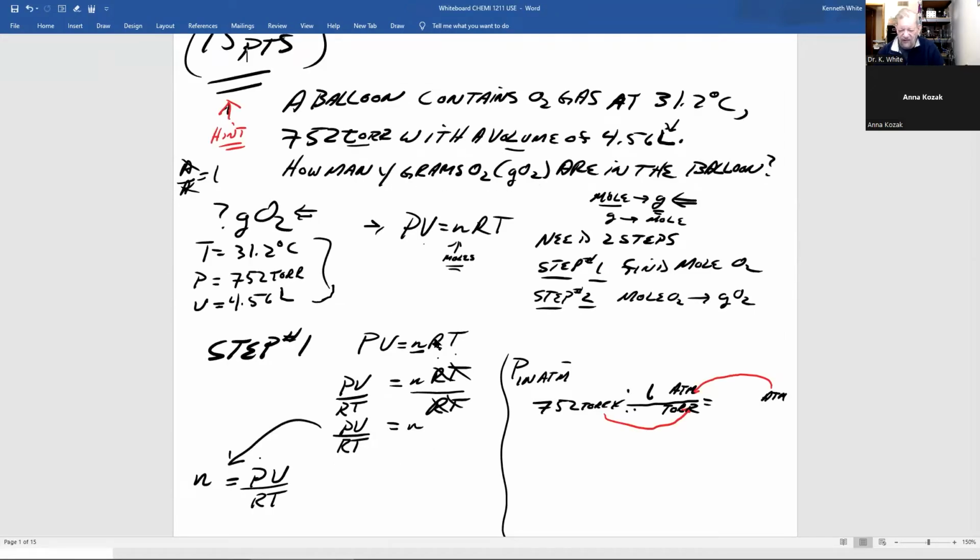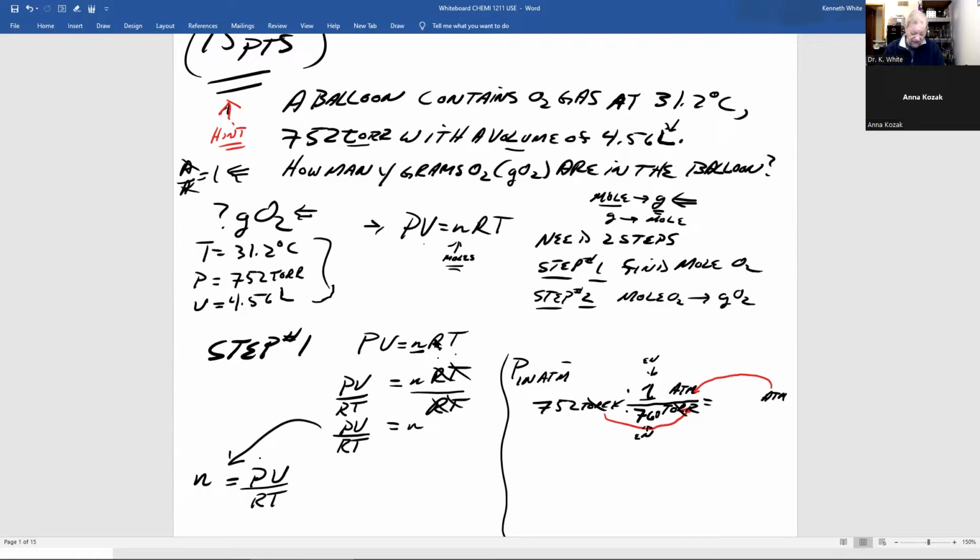These are part of a definition, so they're both exact numbers. And now before I pick up my calculator, I'll notice torr divided by torr cancel out because any number divided by itself or unit becomes the number 1.